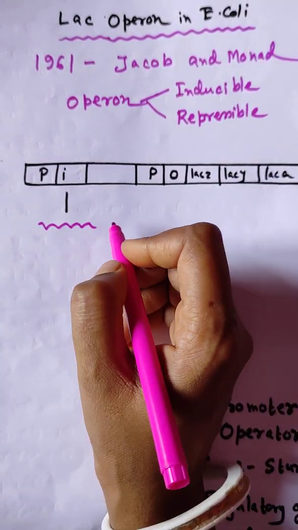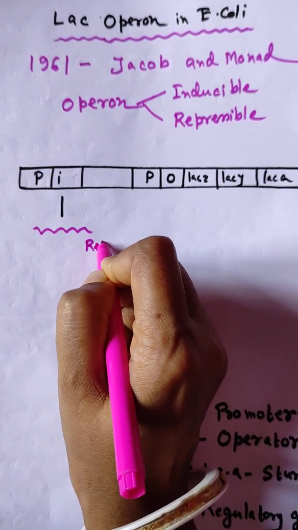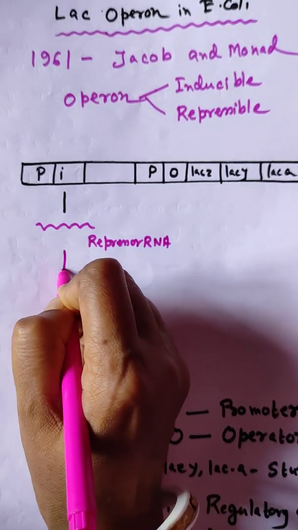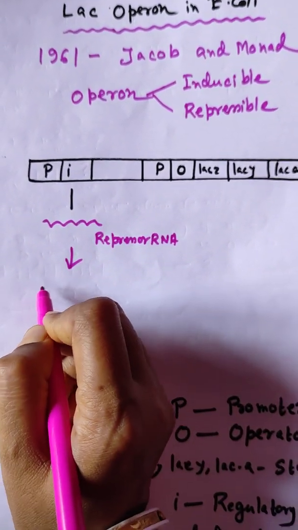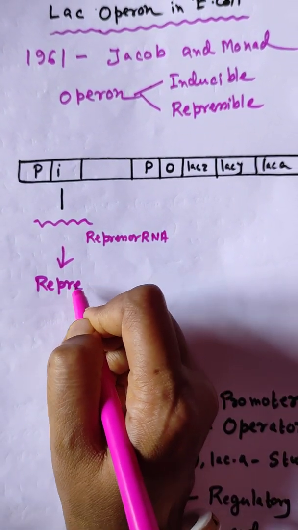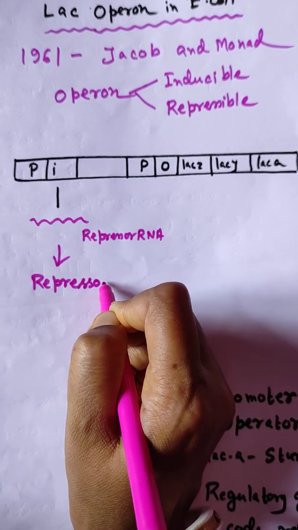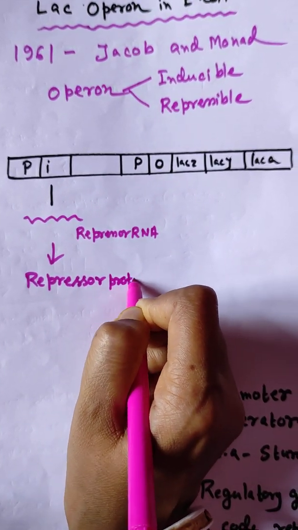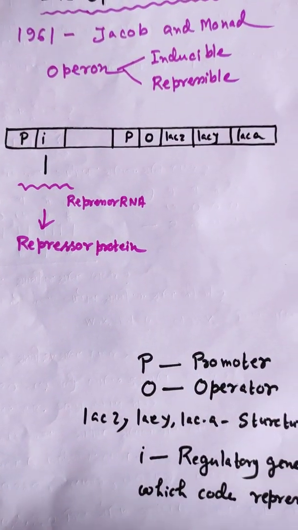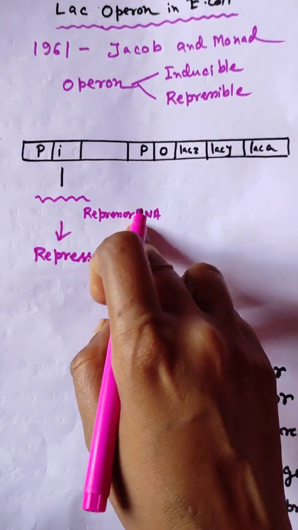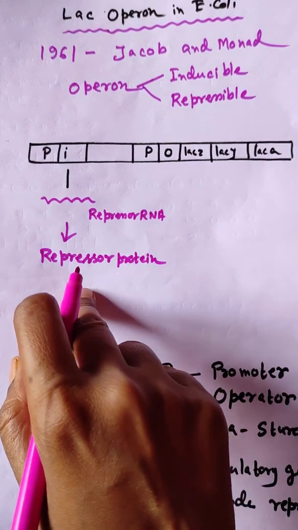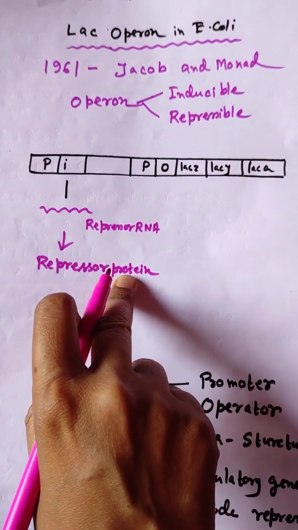This is transcribed into repressor RNA and it makes repressor protein.